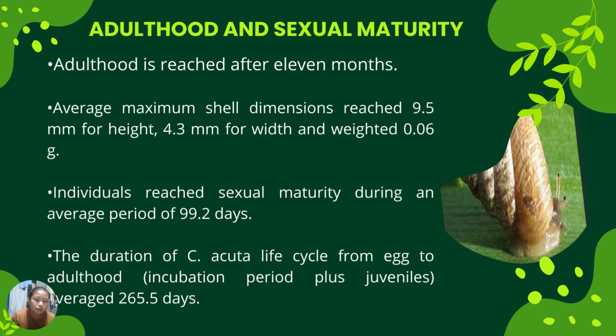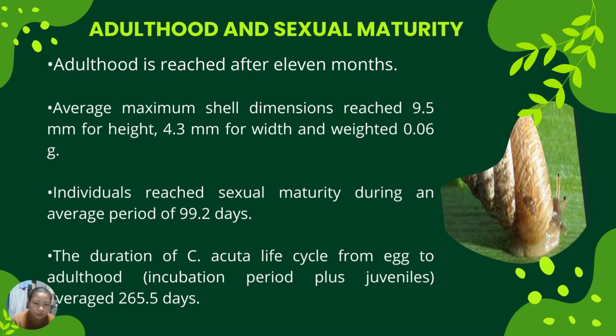And adulthood and sexual maturity. Adulthood is attained after 11 months from juvenile. The average maximum shell dimensions reached 9.1 millimeters for height, 4.3 millimeters for width, and weighed 0.06 grams. As you can see, in the juvenile stage the dimensions are smaller compared to adults, since adults have grown more.